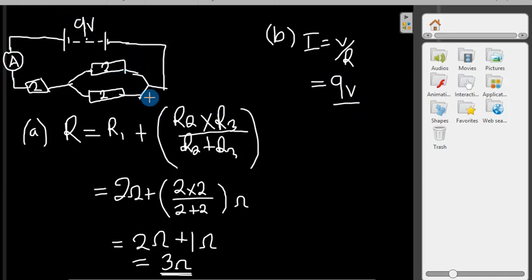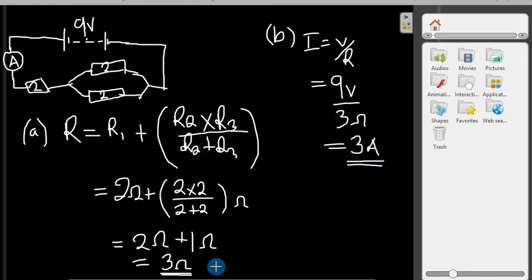We divide this by the total resistance, since we want total current, and we have just found that the total resistance is 3 ohms. So this gives us 3 amps. That gives us the total current, or the reading on the ammeter.